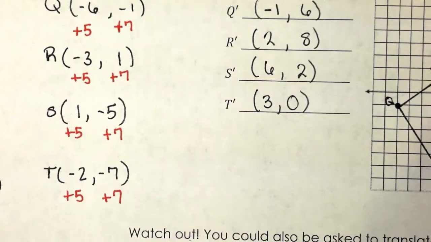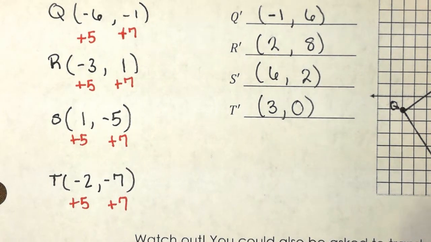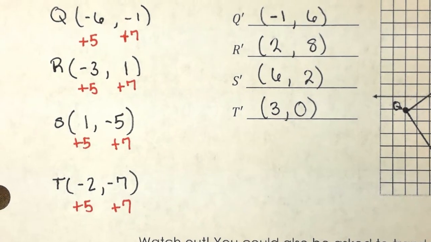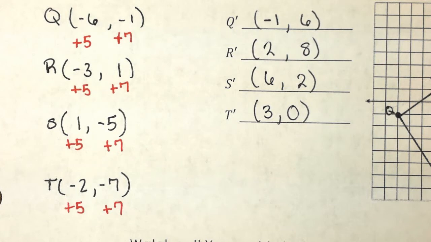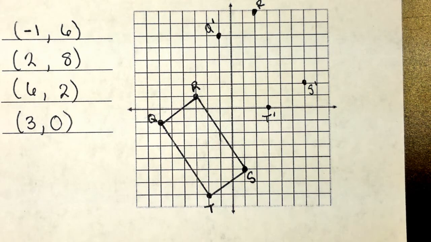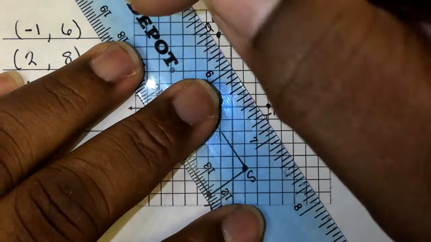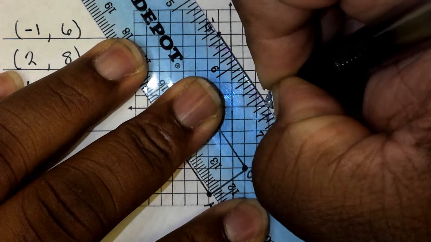Once you put your points on, make sure you put your new letters on with the notation. And then draw your lines, and your image should look exactly the same, just slid over.